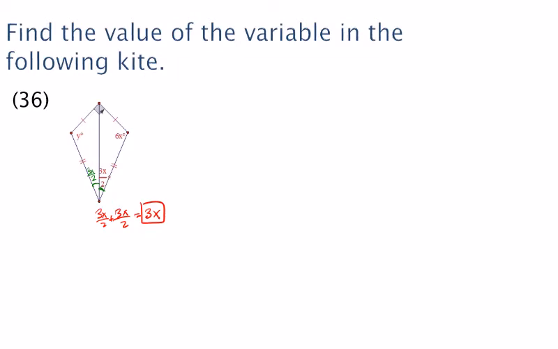And since this is 90 right here, this is a right angle, we can add all these up and set them equal to 360. That's one way to do it. There's a few ways we could do this one. Let's do that. So we'll say that 3x plus y plus 6x plus 90 equals 360.